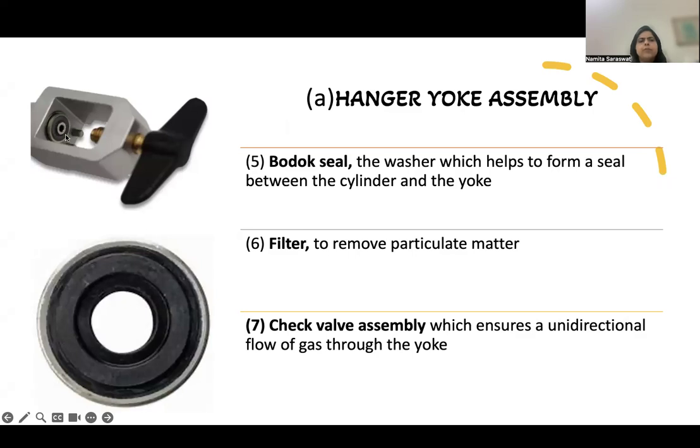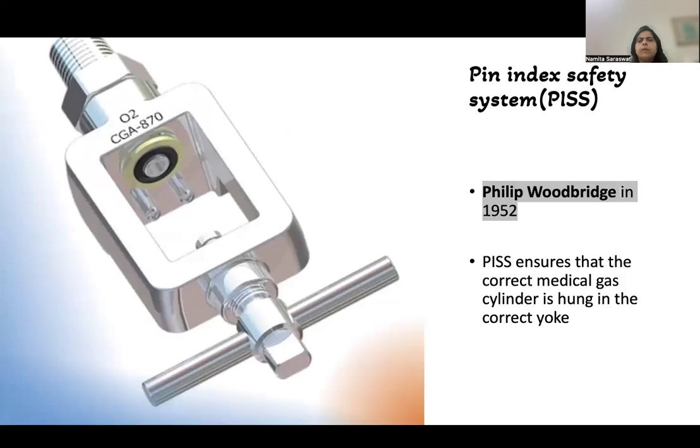It is made up of neoprene rubber which is surrounded by an aluminium ring. Here it is shown. And there is a filter beyond the Woodlock seal which will remove particulate matter. Further downstream, there is a check valve assembly which ensures the unidirectional flow of the gas through the yoke.